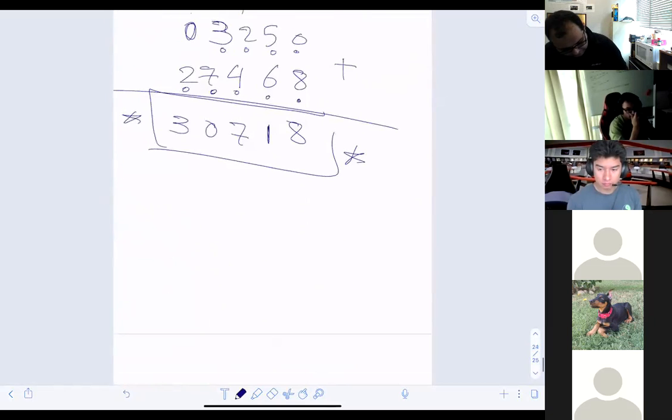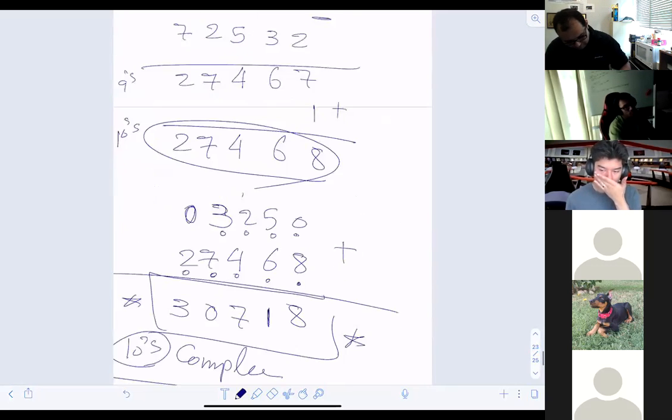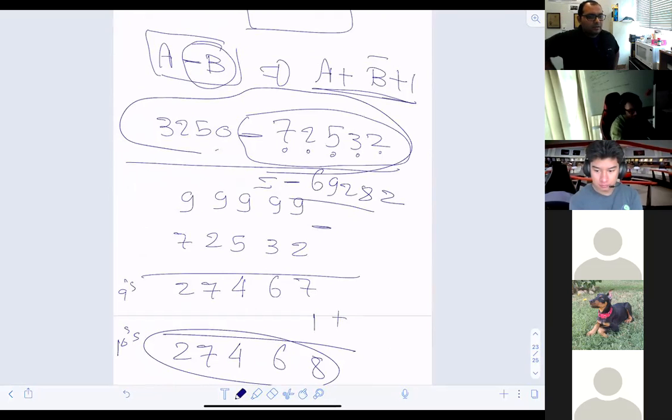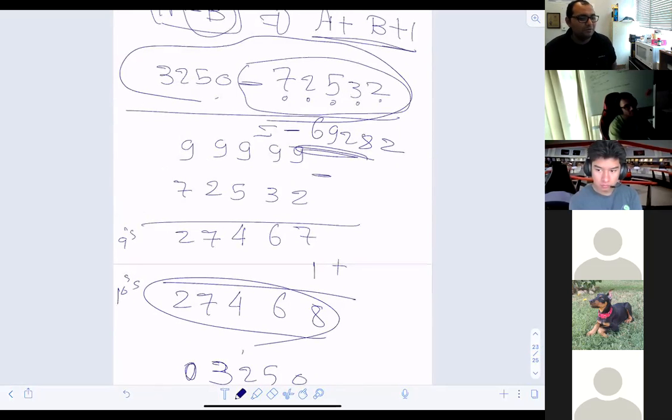This value is still in the 10's complement form. But if I do the subtraction, 3250 minus 72532, the value should be minus 69282. Do you guys agree? If you take another 10's complement of this, that number will come to you.